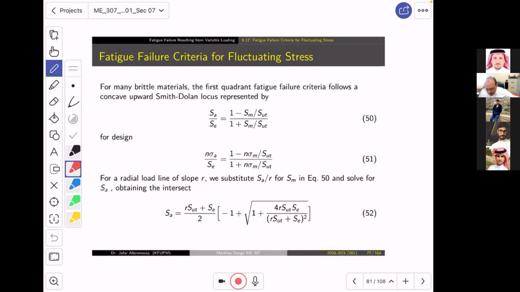But what happens if you have a brittle material? There are materials which are brittle and they are very useful. Ceramic is one of them. We use it a lot.